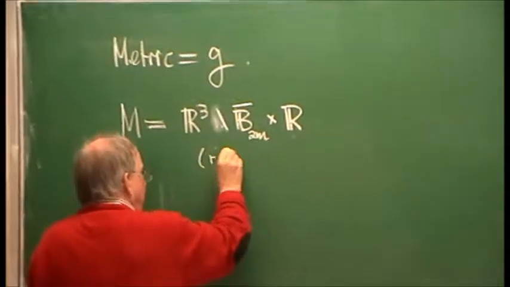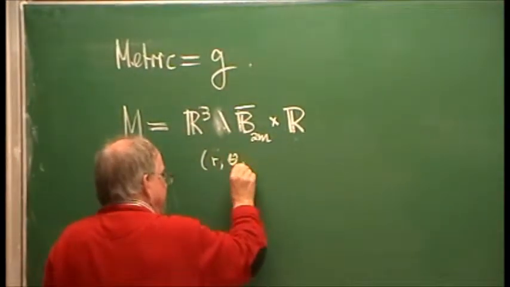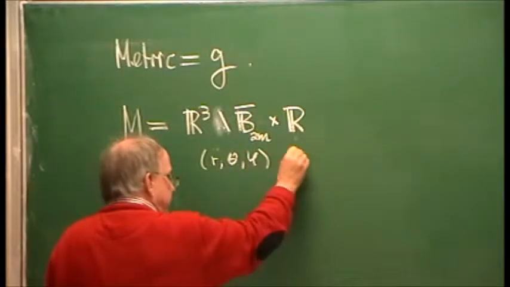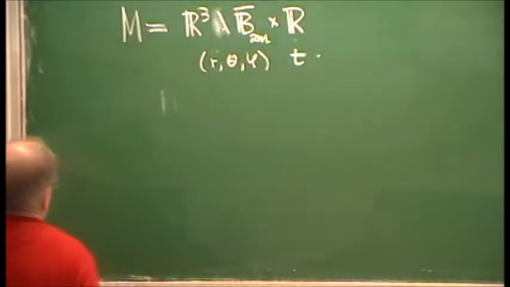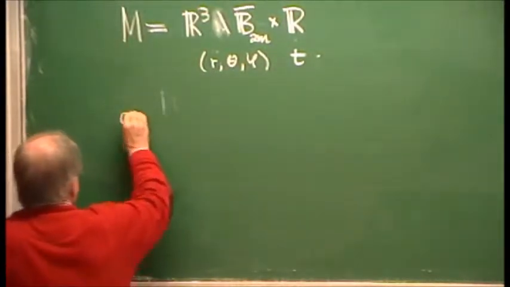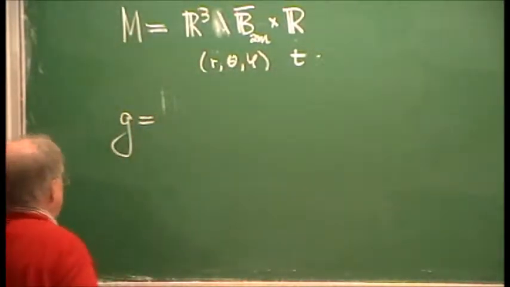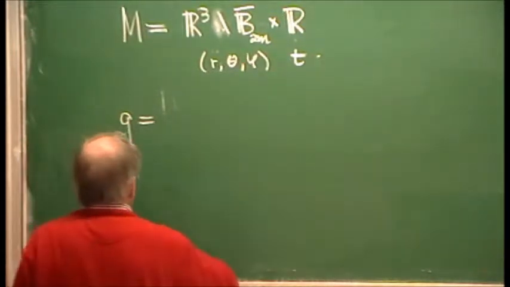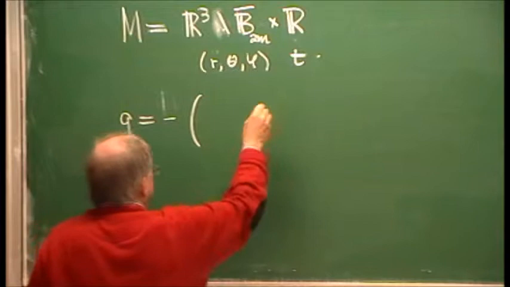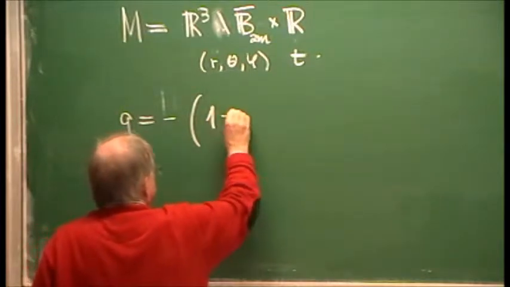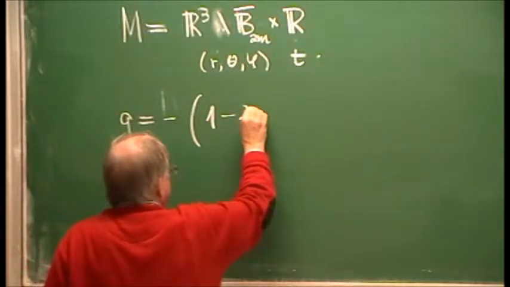So it is r, theta, phi, and the variable here is t. And the Schwarzschild metric looks like this. G, let's see if I can get it right, is minus, I'm going to write it down in the t first. For some reason physicists always write it down with t first.